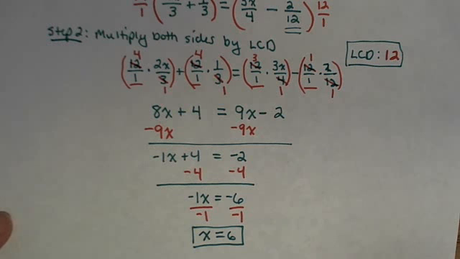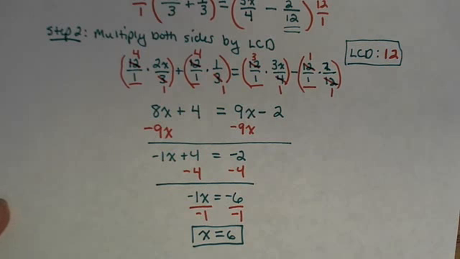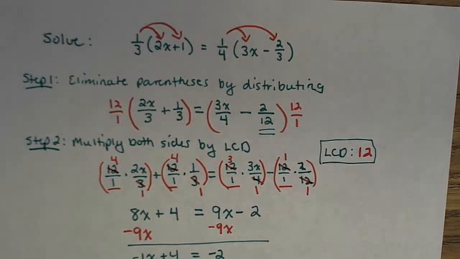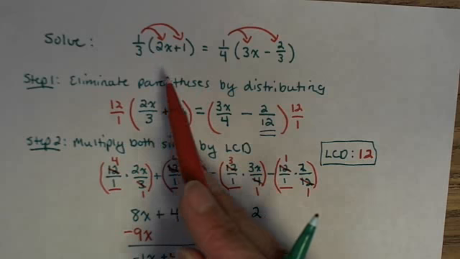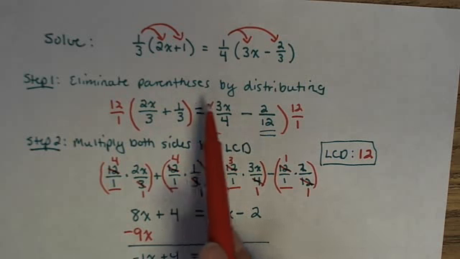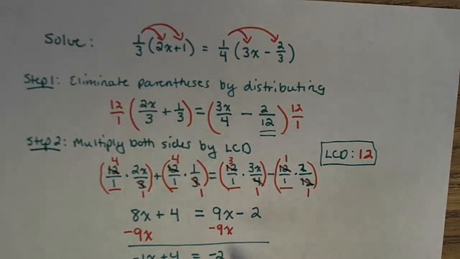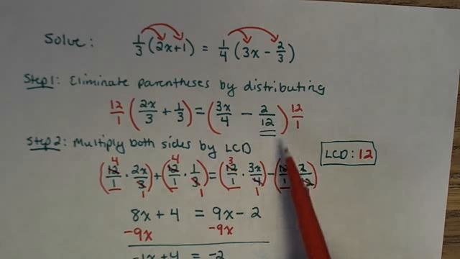And again, going through all the steps that we've talked about. So let's briefly review. Again, if there are parentheses in the equation, eliminate the parentheses by distributing, so you only have terms. Next, find the lowest common denominator of all 4 terms.